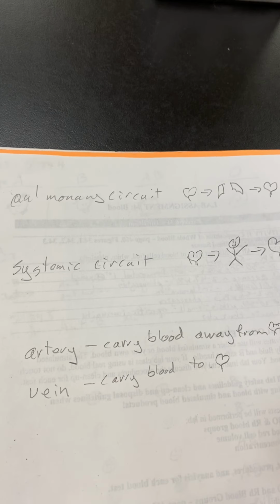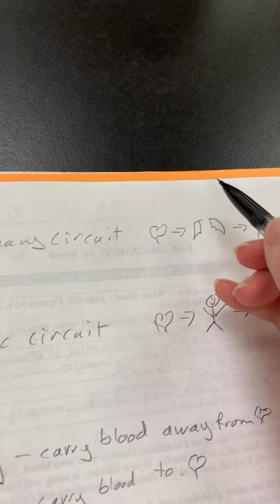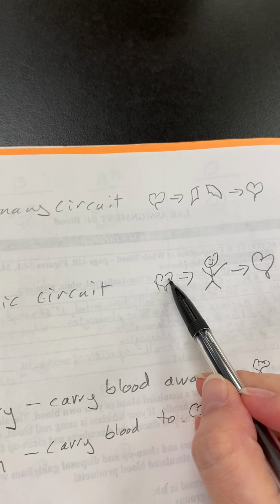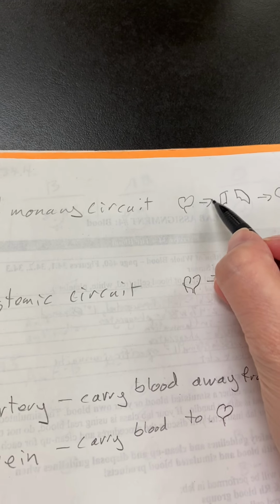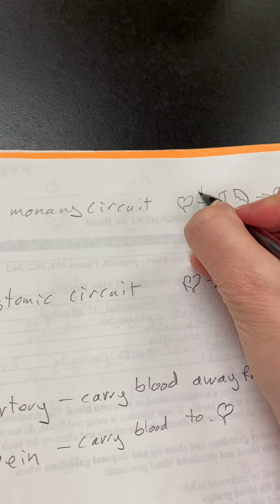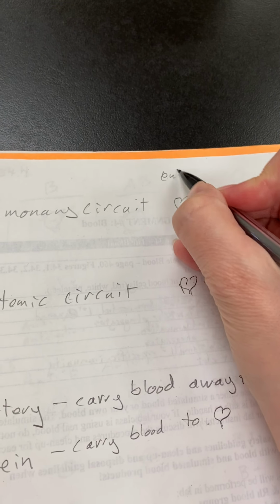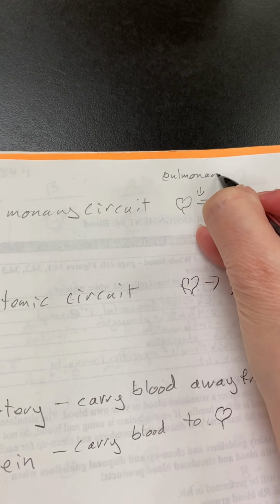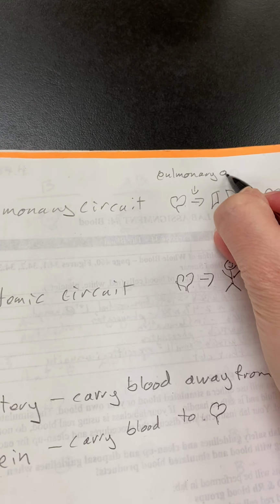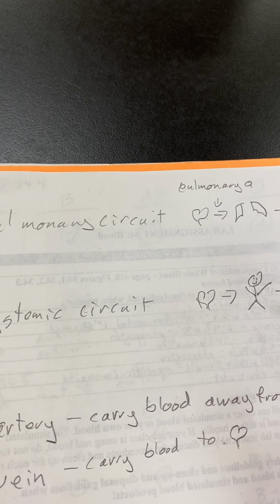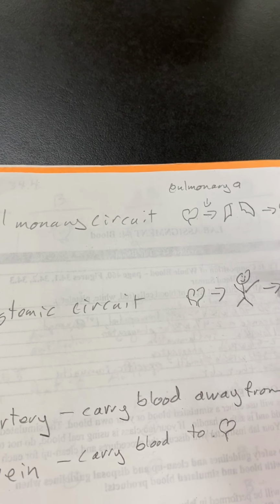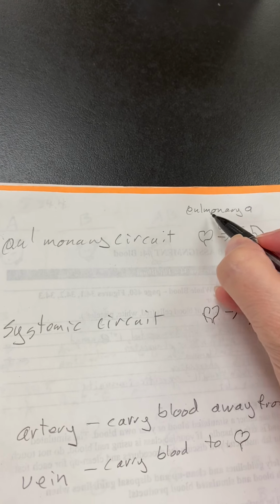There we go. Okay, so this blood, now let's start here, the pulmonary circuit. This is going towards the heart. But what kind of blood do we have moving towards the heart? We have deoxygenated blood.